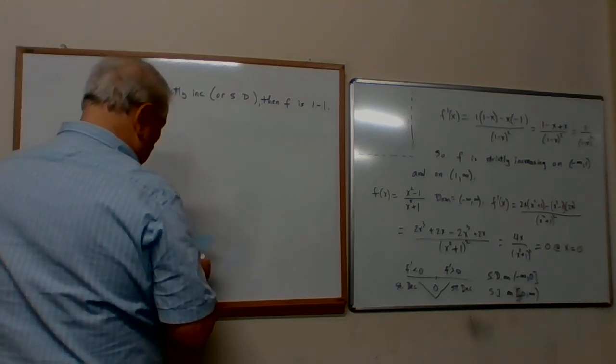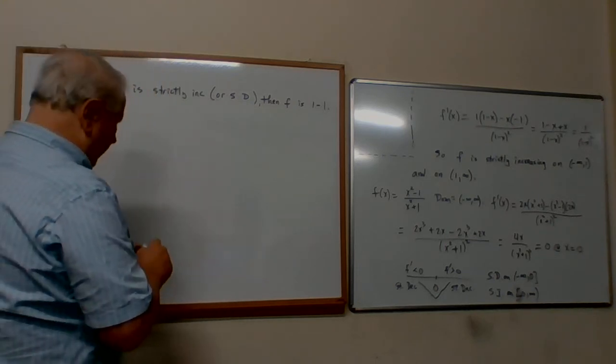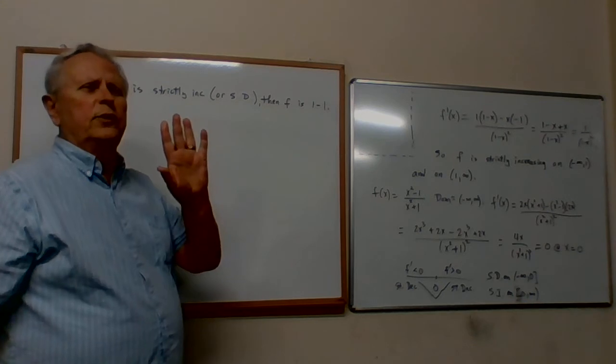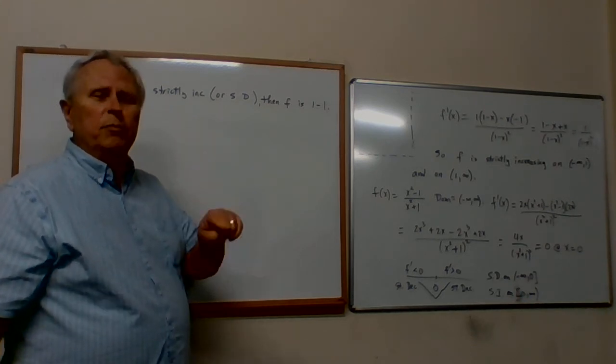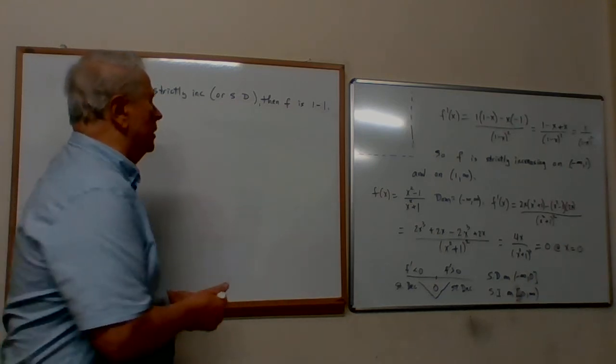Proof. And this is pretty easy. Now, how do you prove that a function is 1 to 1? What does that mean? It means if two function values are equal, then the inputs had to be equal. That's really what the horizontal line test means.